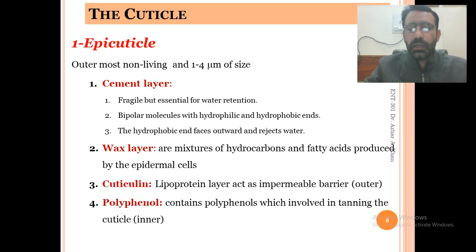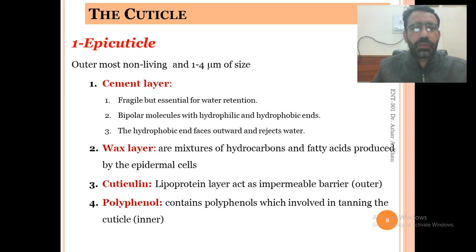It is made of bipolar molecules with hydrophilic and hydrophobic ends. Then the hydrophobic ends face outward and reject the water. So it actually acts as a repellent layer toward the water.